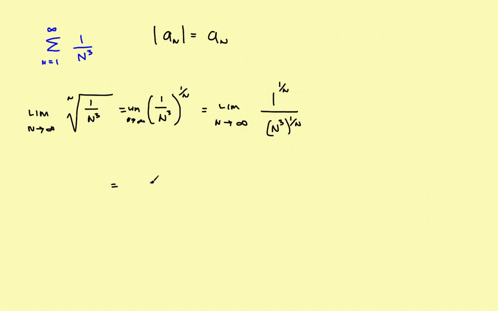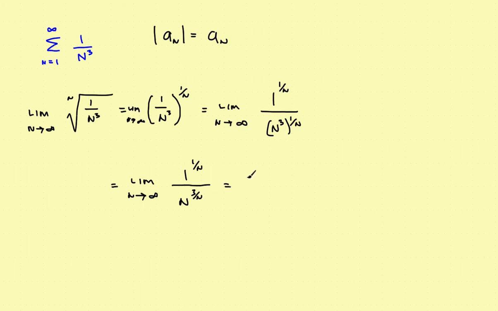Now what that's going to be is the limit as n approaches infinity of 1 to the 1 over n divided by, and now we'll go ahead and multiply these exponents again. This will turn out to be n to the 3 over n.